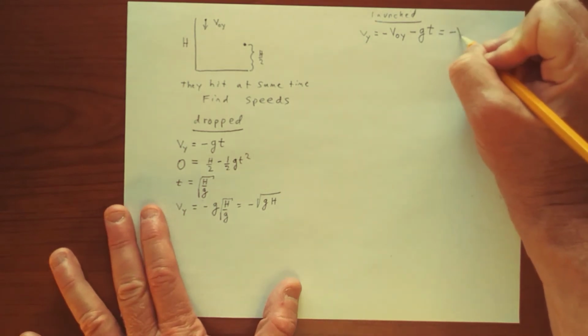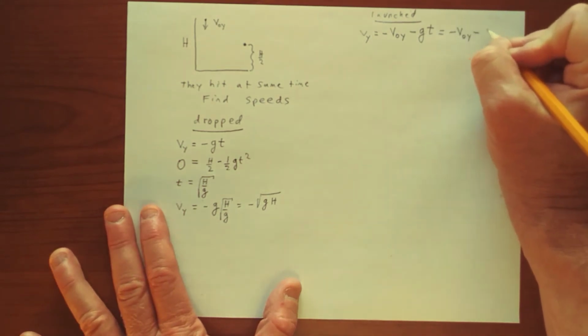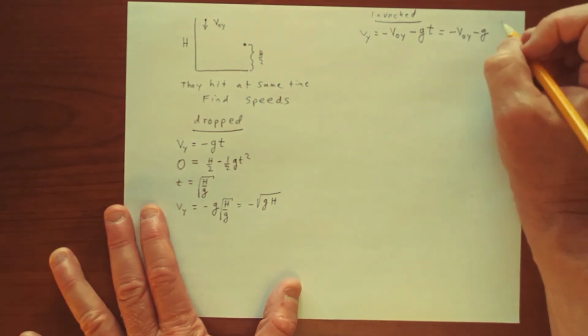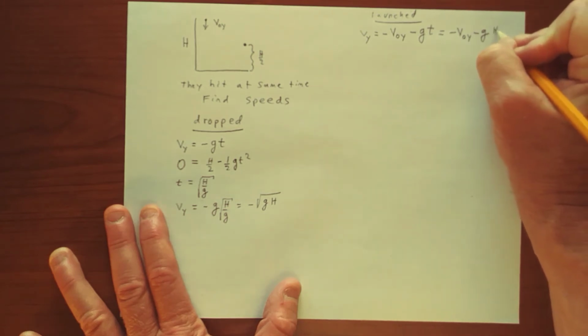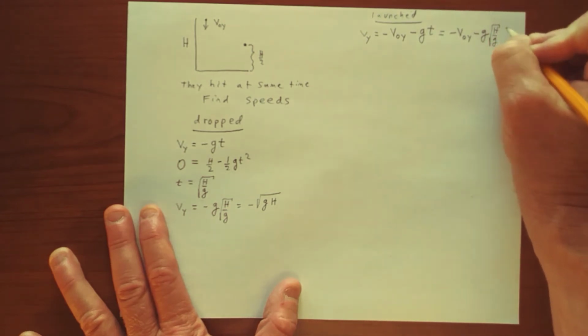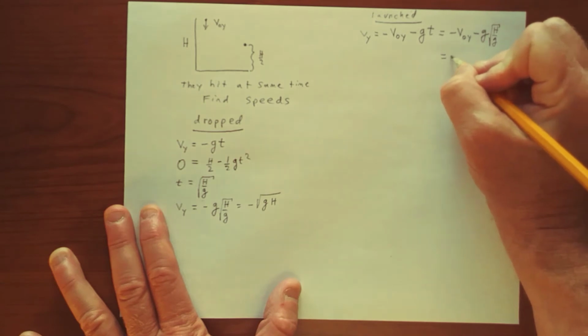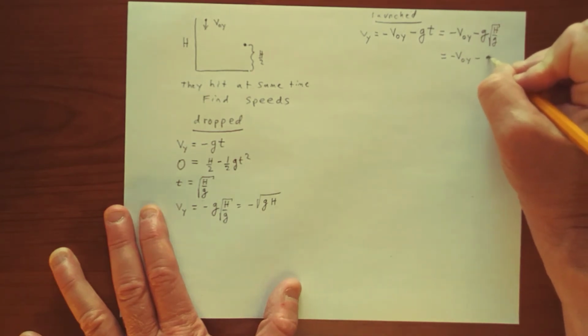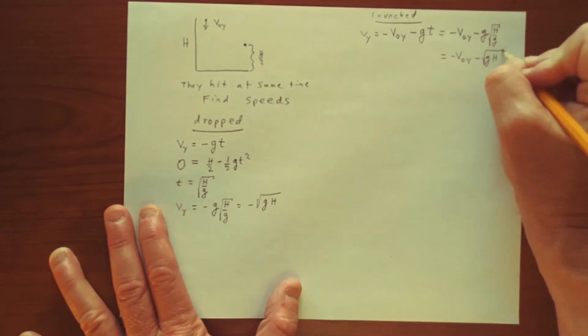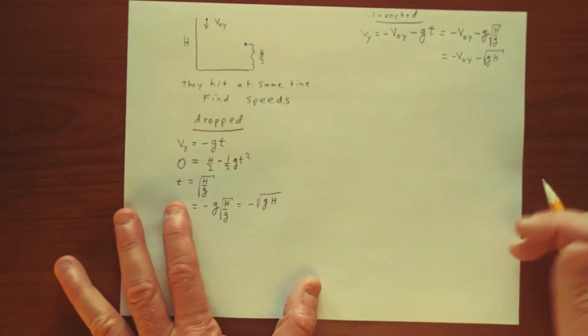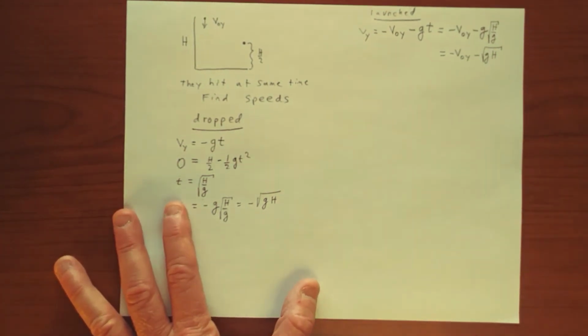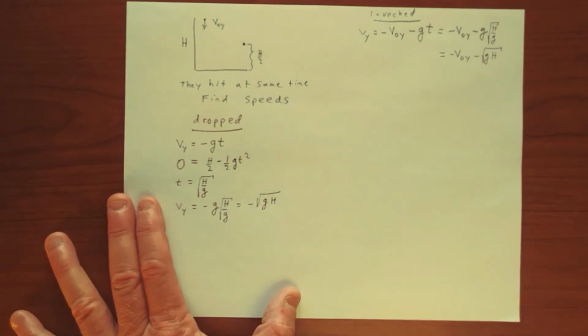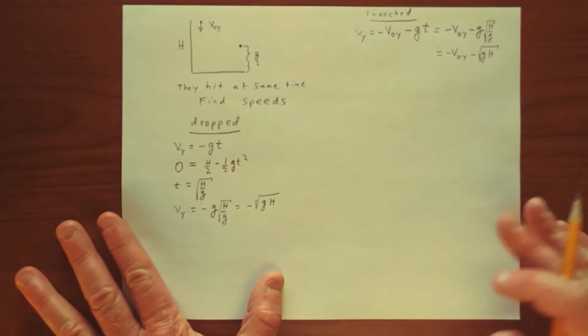So this becomes minus v naught y minus g times the square root of h over g, which looks like minus v naught y minus the square root of gh. And so we need v naught y to find the Vy with which it hits the ground.